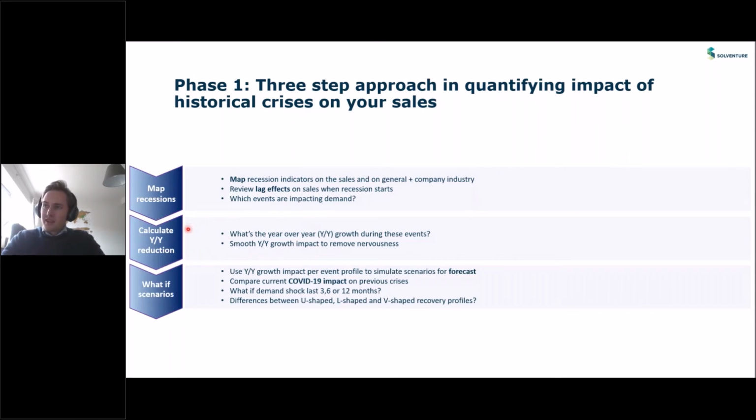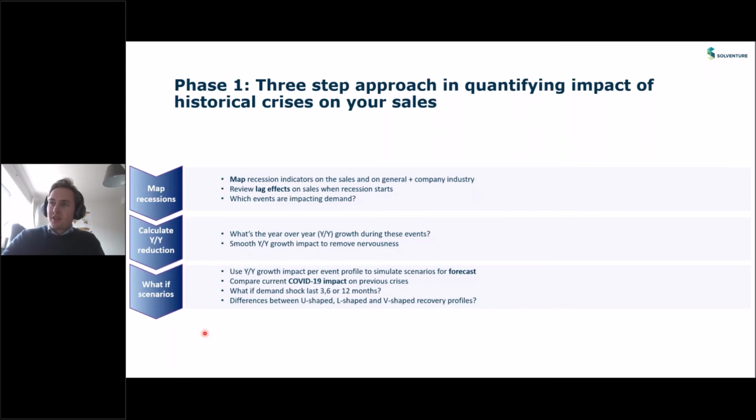Okay. And actually, the last step was creating scenarios based on these results. And those scenarios were, for example, what if that demand shock takes 3 months, 6 months, or 12 months? Another one would be, what's the difference if the demand shock is U-shaped, L-shaped, or V-shaped? For example, that L-shaped is what we're currently seeing at automotive customers. So yeah, these scenarios were made.